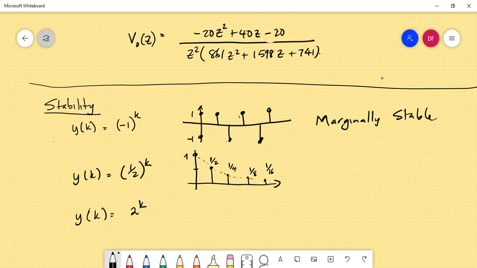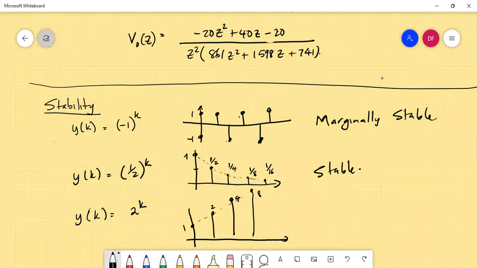So this system is stable. 2 to the k, on the other hand: the first value is 1, the next value is 2, the next value is 4, the next value is 8. So you see that it is trending upward. So this system is unstable.